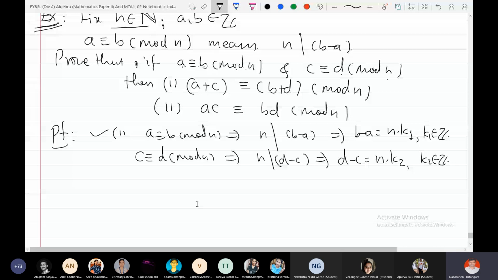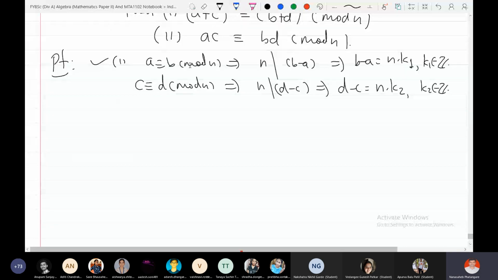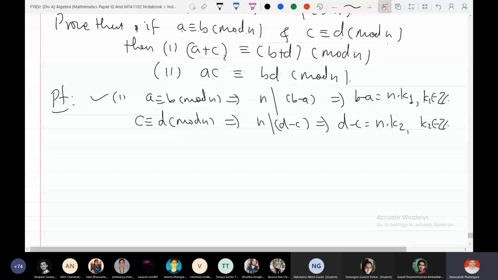What we can say here, this board is, the problem is with the board, so just wait. Okay, so there is a problem with the board.